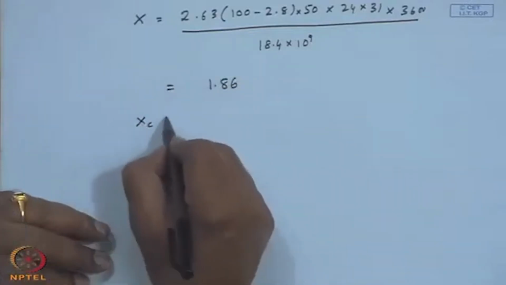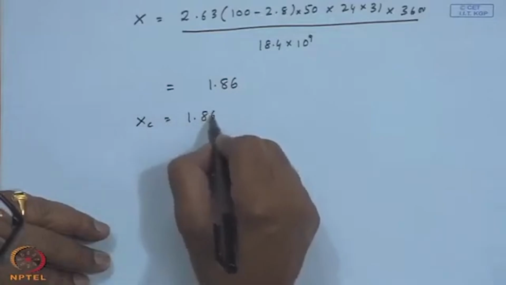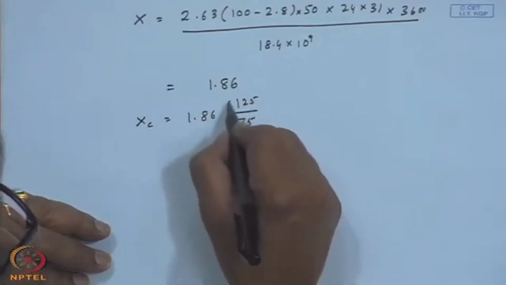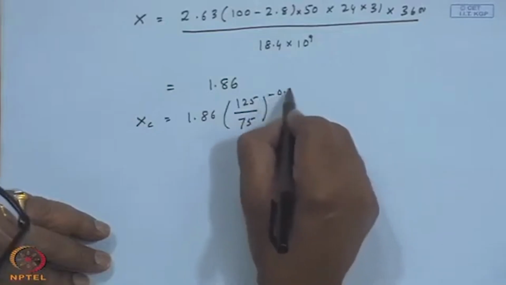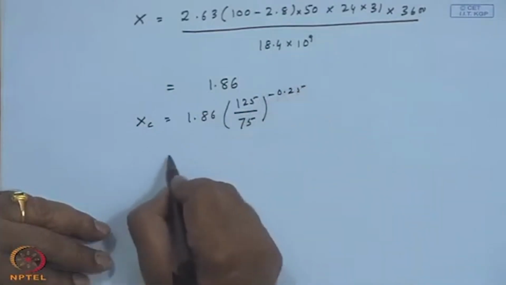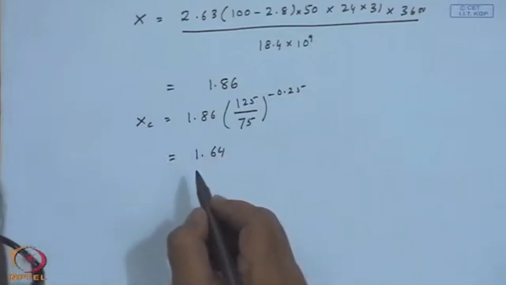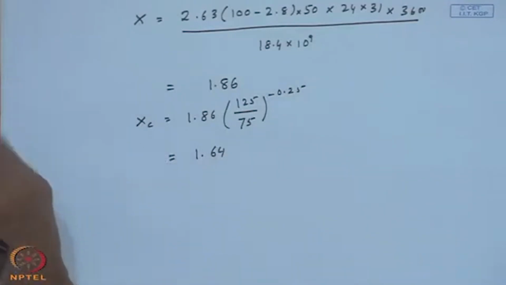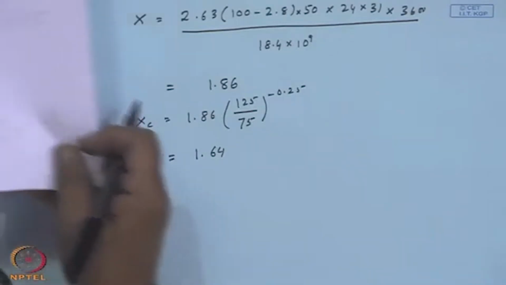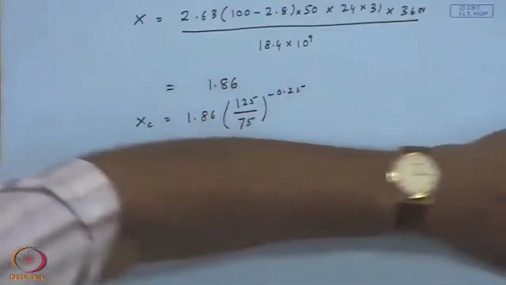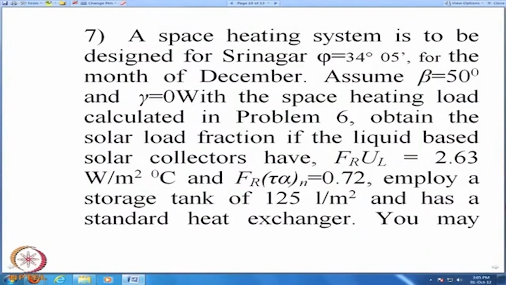So, X_c will be 1.86 times (125 by 75) to the power minus 0.25, which will be equal to 1.64. So, larger storage leads to a smaller X_c, which basically means a lesser loss and hence a higher solar load fraction, which can be easily understood because we have got a larger storage. So, there will be more storage.